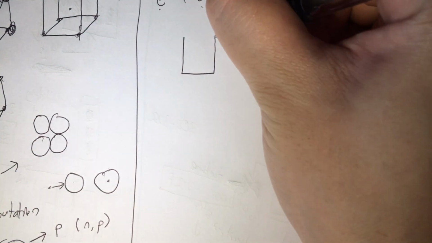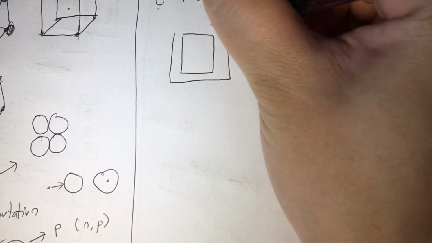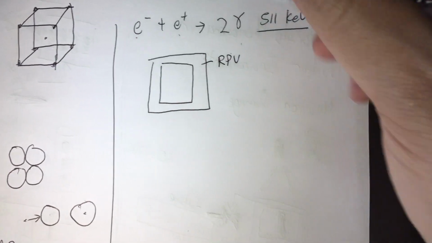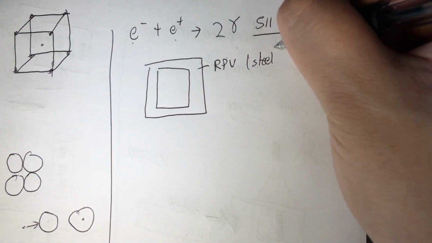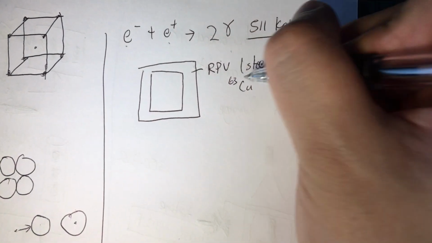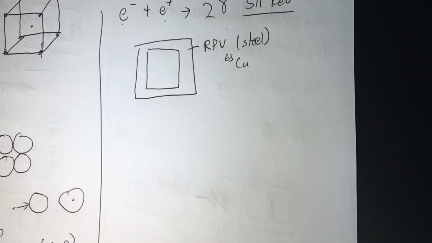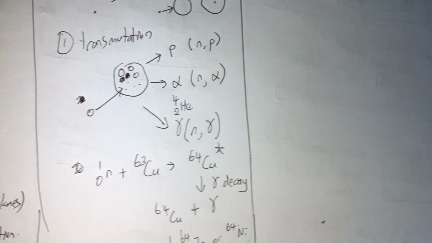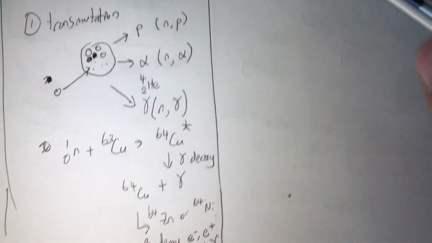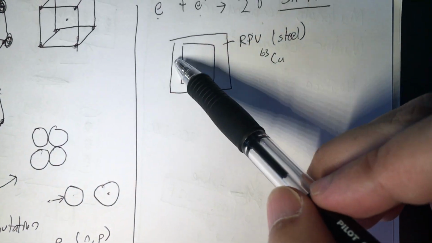So for our nuclear reactor pressure vessel, called RPV, which is made of steel, we need to make sure elements like copper, or isotopes like copper-63, are in very low concentrations so that you have less of this transmutation happening. If not, you have all these unwanted particles that will be lodged inside the metal.